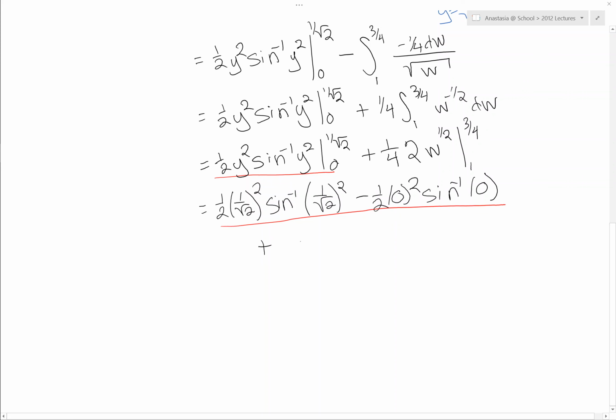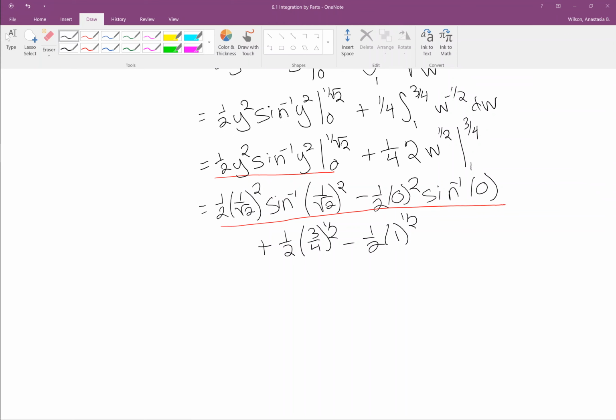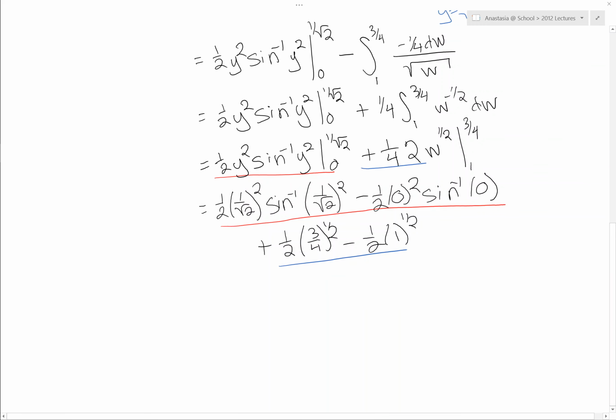And then we'll have a plus 1/4 times 2 gives us a 1/2, so we'll have 1/2, and then 3/4 to the 1/2 minus 1/2 1 to the 1/2, and those two terms now come from our second term in the previous line.